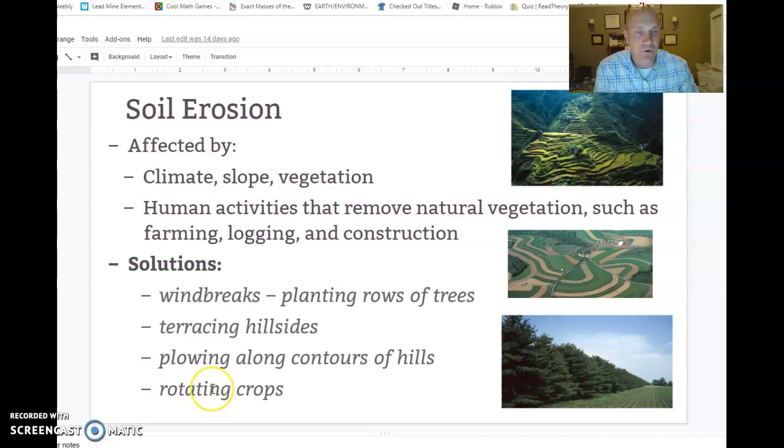So let's say in the spring you might plant wheat, in the summer you might plant corn in that exact same field, and in fall you might plant cotton, for example. And by putting different plants in that same area, you end up not depleting the nutrients from the soil quite as much.